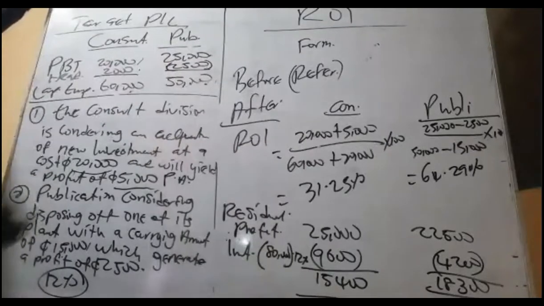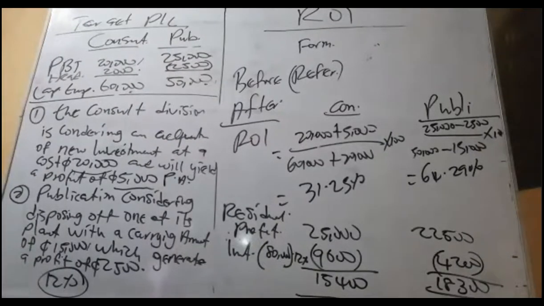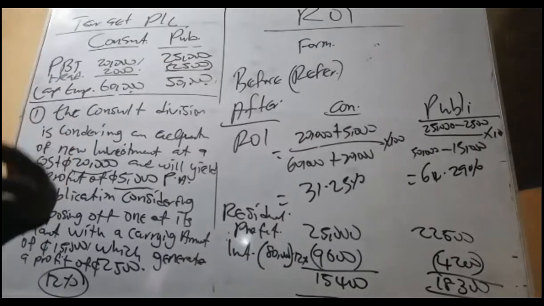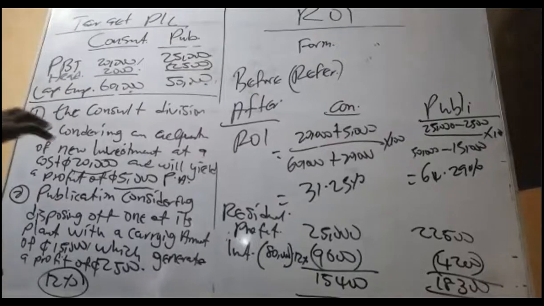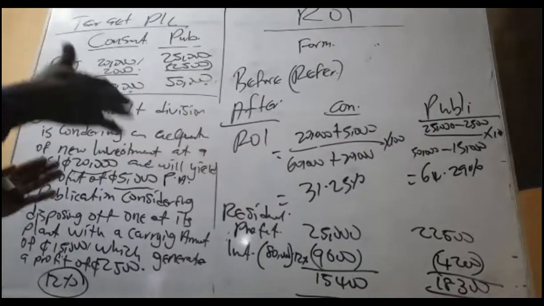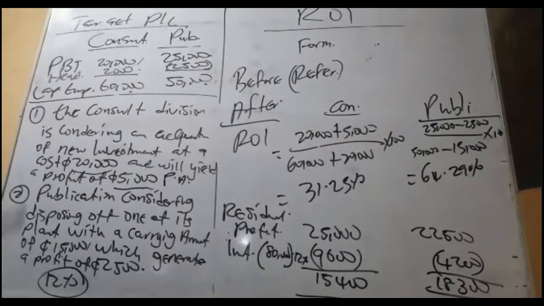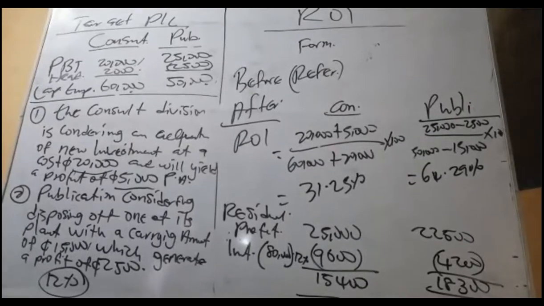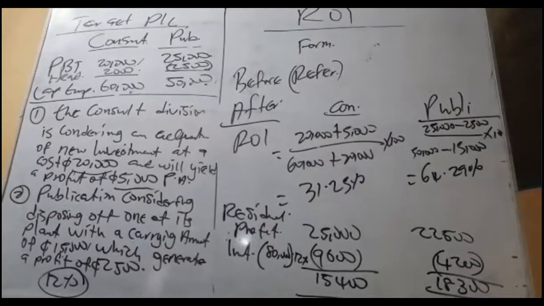We are not going to consider that because that one is non-controllable. The head office expenses that are apportioned to the branch for them to pay should not be part of the branch assessment, because they don't have control over it. It's coming from the head office. So please don't pick it.